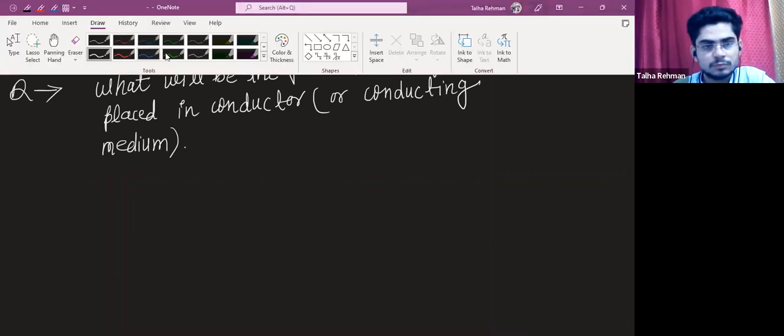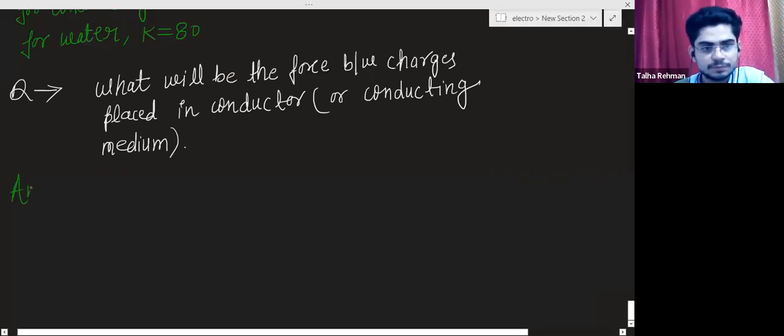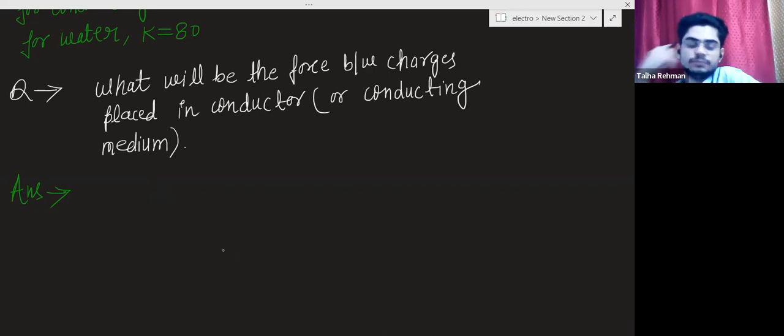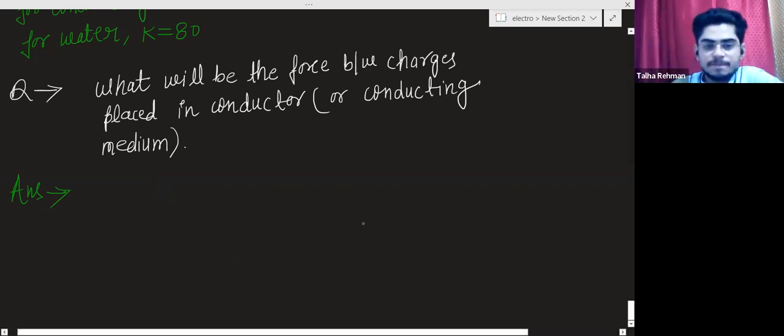This is the question. Two charges are placed in a conductor or in a conducting medium. We have to calculate the value of force. Let's see.